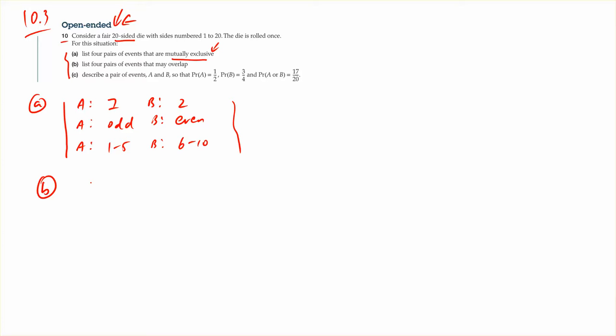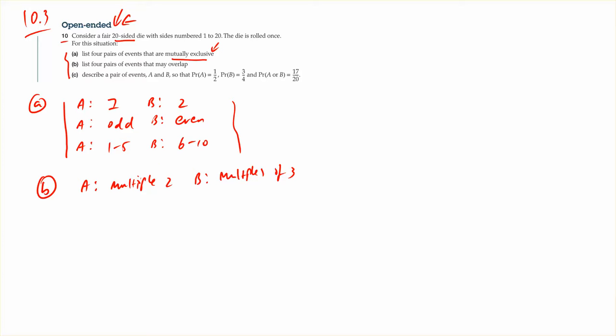Part B lists 4 events that may overlap. Okay, so A is multiples of 2 and B is multiples of 3. Now, why does that overlap? Because numbers such as 6 are both multiples of 2 and 3, or 12 or 18, or 24.